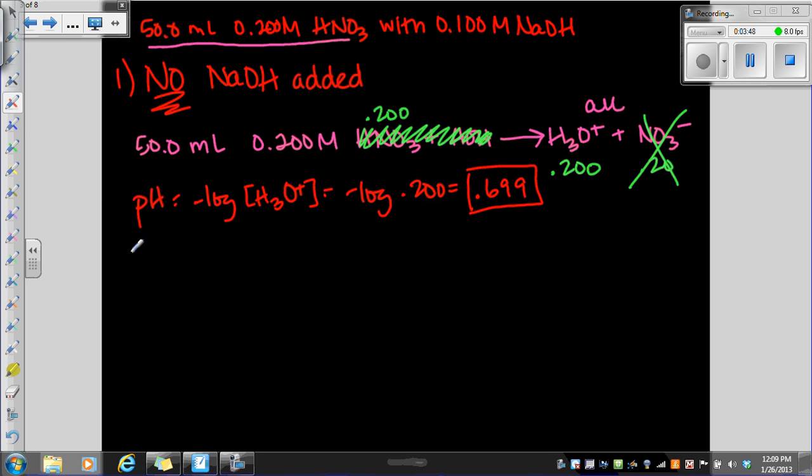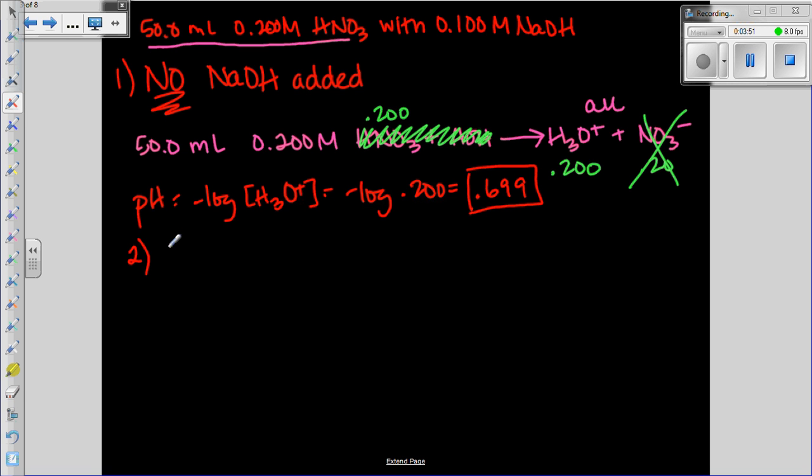Okay, second thing we're going to do, 10 milliliters of 0.100 molar sodium hydroxide added. Okay, you now have a reaction because you have the sodium hydroxide interacting with the nitric acid.